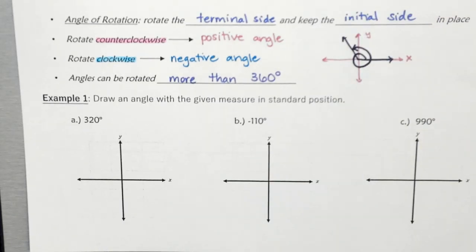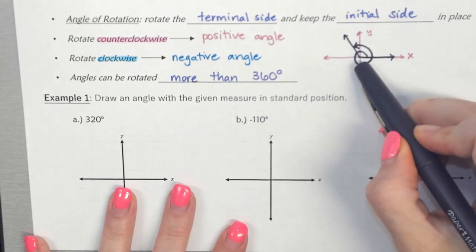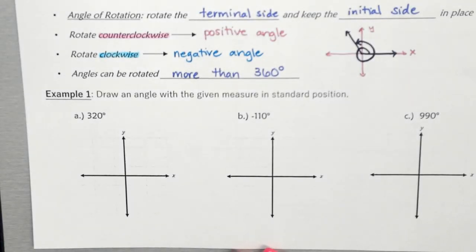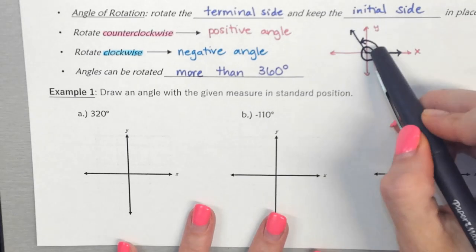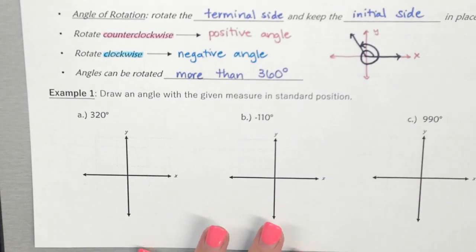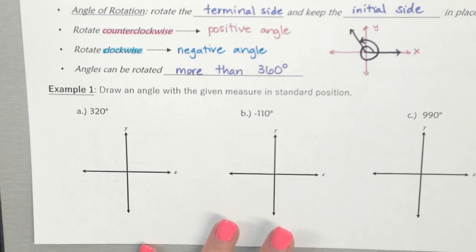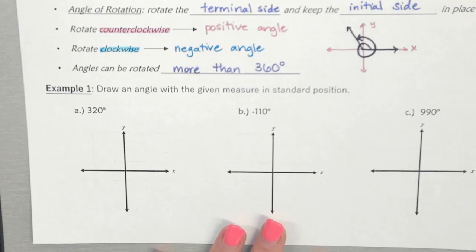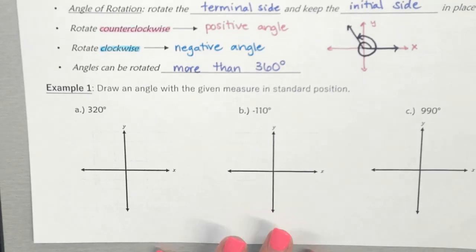You do a full loop around, then you end at your terminal side. If you're just looking at this part, it kind of looks like a snail shell. And that would also work in the negative direction. All right, so you can draw your example.